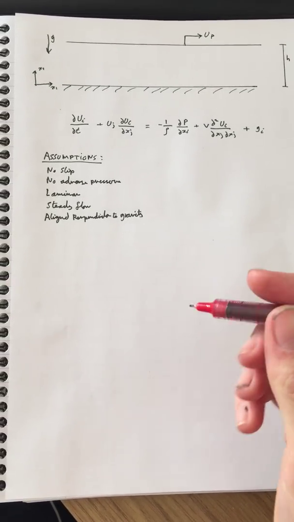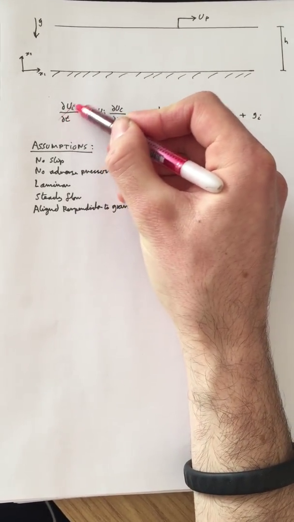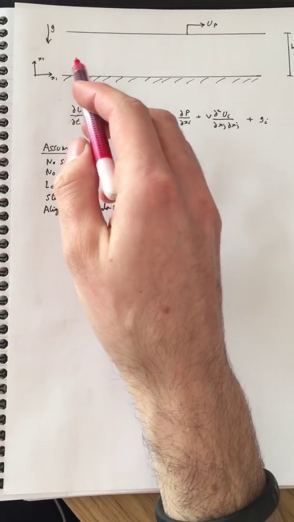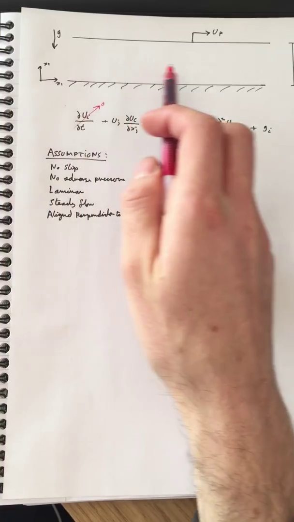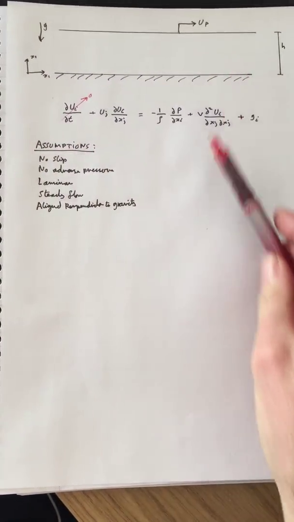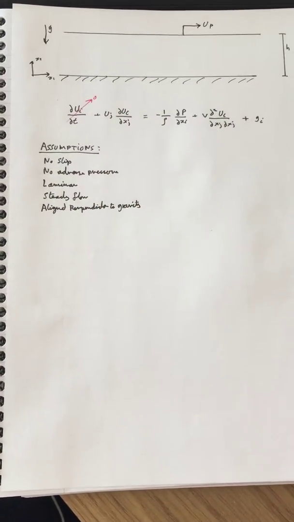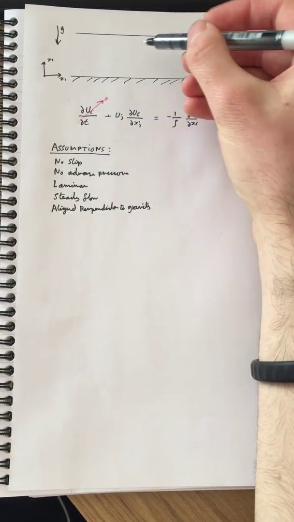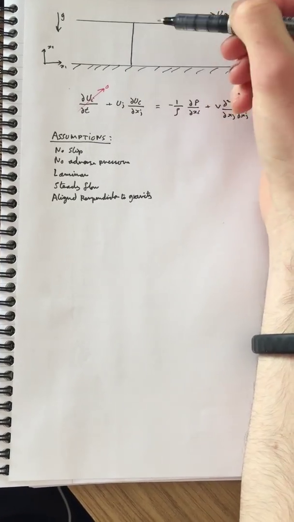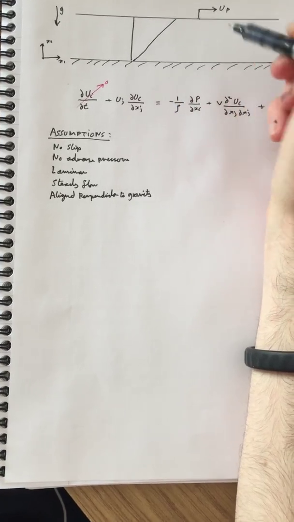Now we can go ahead and simplify our Navier Stokes equation. As we set it steady, this term here goes to 0. Now as the flow is flowing in this direction here, I'll just draw the velocity profile. Another thing it's important to do when doing these problems is to just roughly estimate what the velocity profile would be.